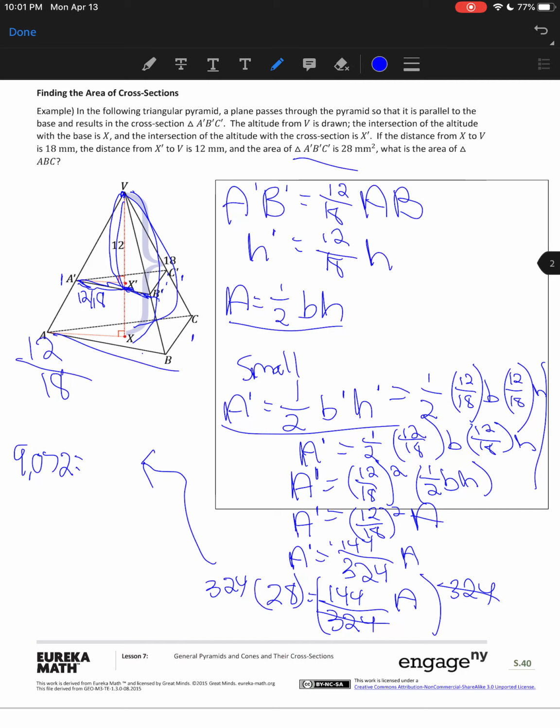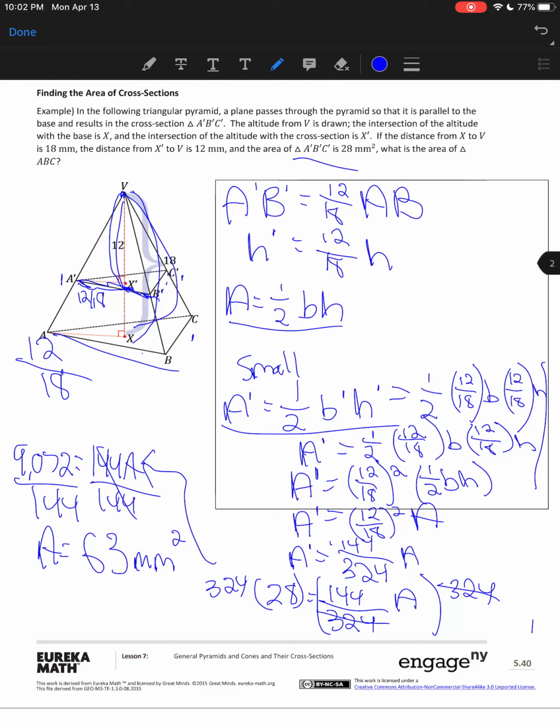And then what we're left with over here is 144A. Now it's a bit simpler. We just have to divide both sides by 144. And our final answer is the area of the larger one is 63 millimeters squared.